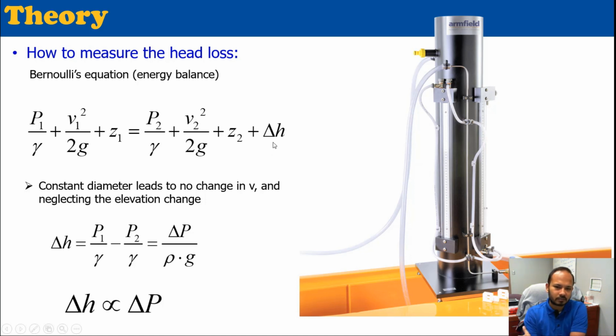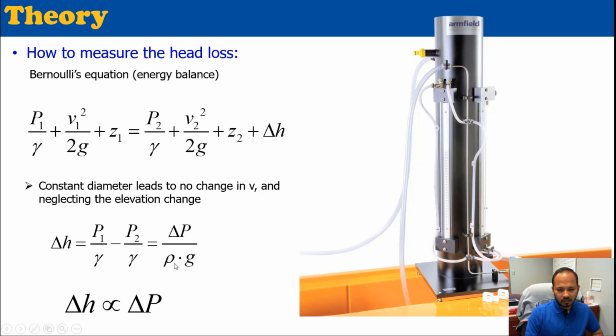This is irreversible loss. If we assume the diameter of the pipe is constant, there's no change in diameter, which means there's no change in velocity. And if we neglect the elevation change, we can write ΔH equals just the change in pressure head.